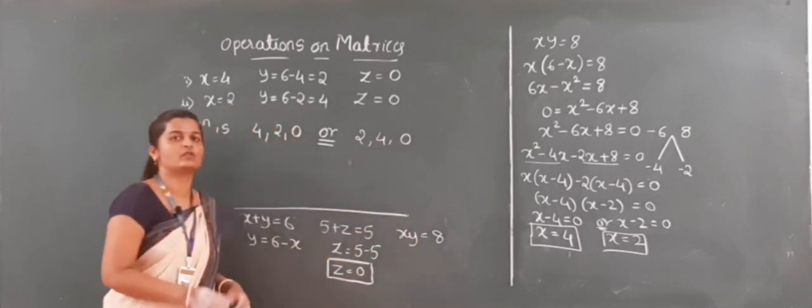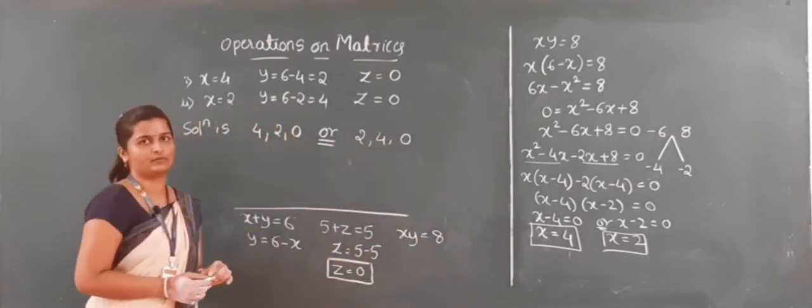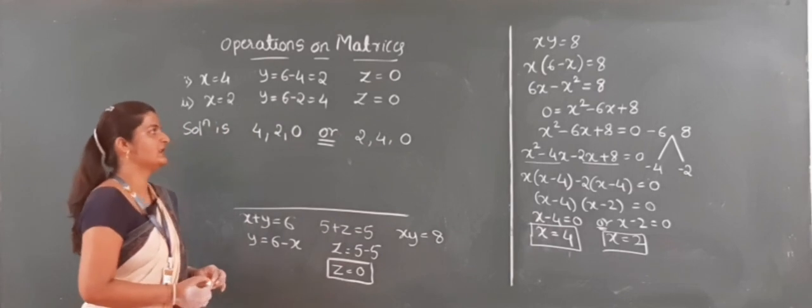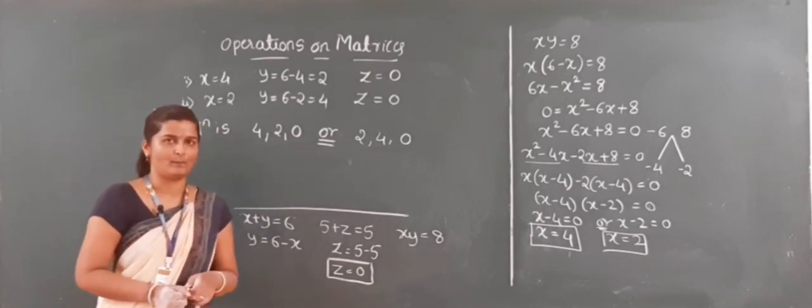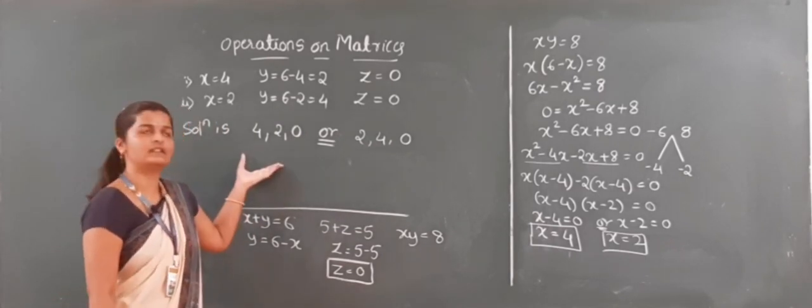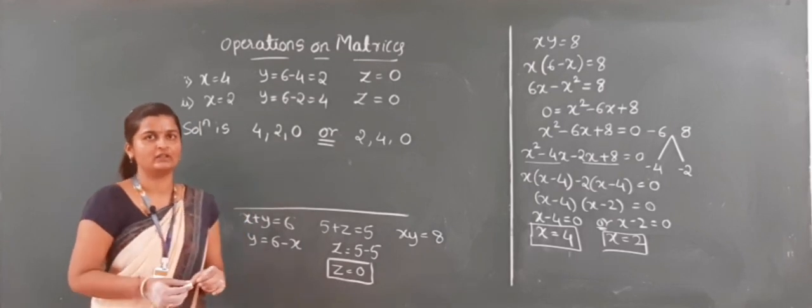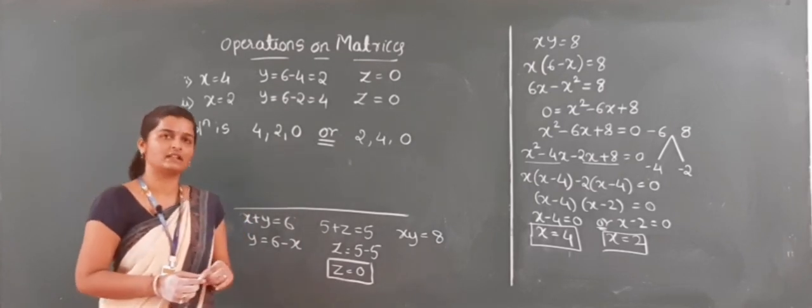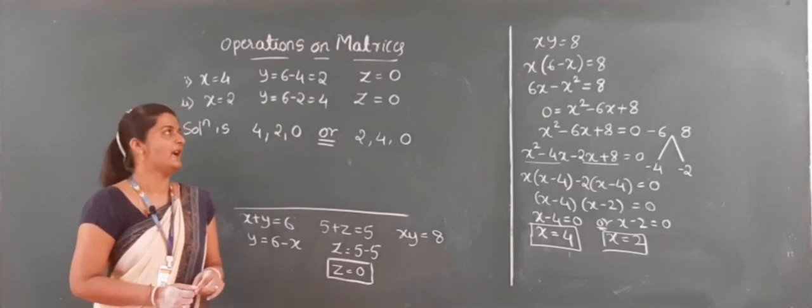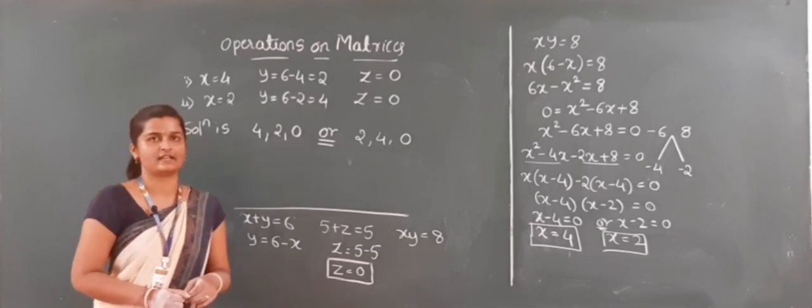This is the solution for x, y, z values. Okay, so these are some examples on equality of matrices, and like this we can solve another example also. With this I will conclude this part of matrices here, and we will continue in the next part. Thank you.